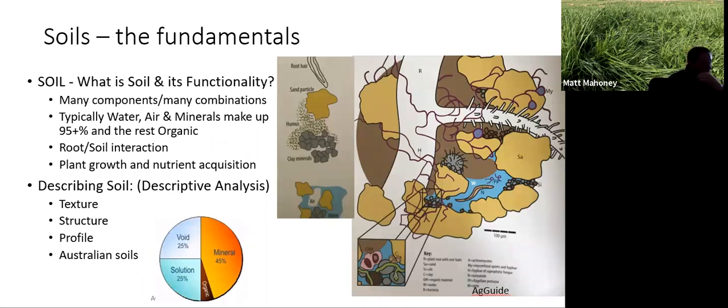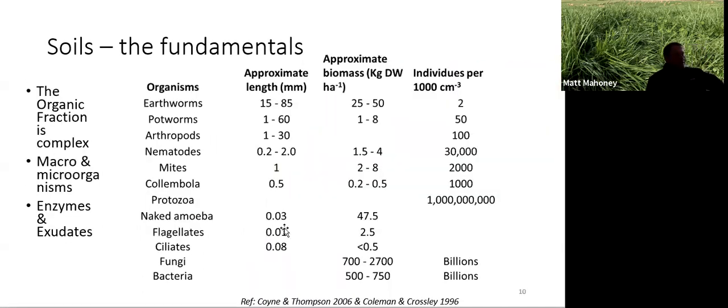The next thing we're going to have a look at is this organic fraction that we're talking about. What does that actually consist of? Take into account this column here, the approximate biomass, kilograms of dry weight per hectare, of this organic fraction of soils.